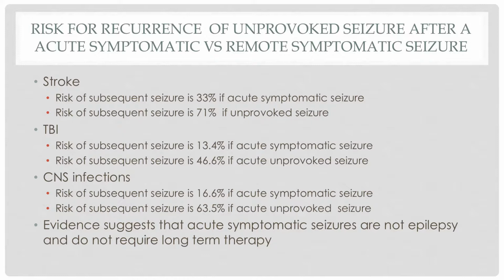So the risk of somebody who presented with acute stroke and have seizure, the risk of having a subsequent seizure is 33% compared to 71% with unprovoked seizures. Same with TBI, the risk is much higher, 46% compared to 13%, and 63% compared to 16%. And the conclusion is that acute symptomatic seizure is not epilepsy, and they don't need to be treated.